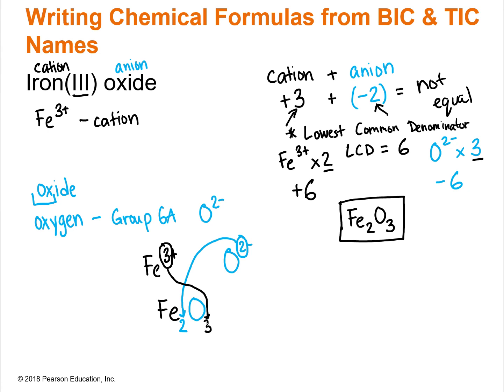That becomes the subscript for your anion. And as long as you don't have any crazy multiples, like if you had 4 and 6 there, that would be a problem. But doing it this way won't lead you astray. So that's the cross method.